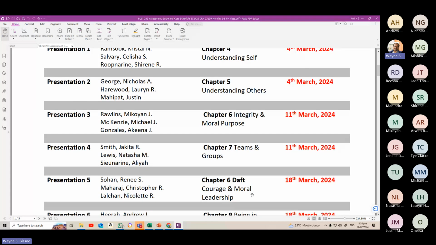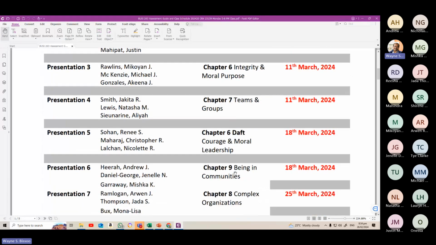Now, courage and moral leadership reinforces the ethical value structure that we've been talking about. Being in communities and complex organizations, along with teams, actually helps us place the context of broader activities in the model that we're looking at.